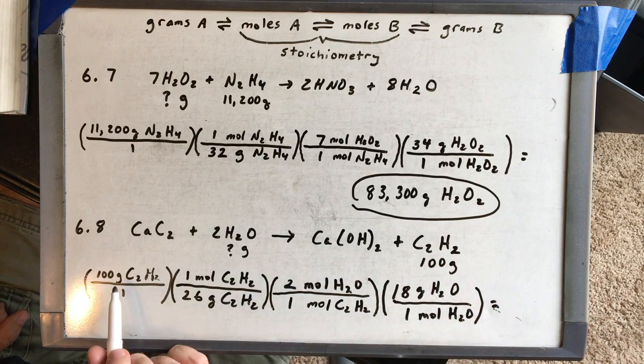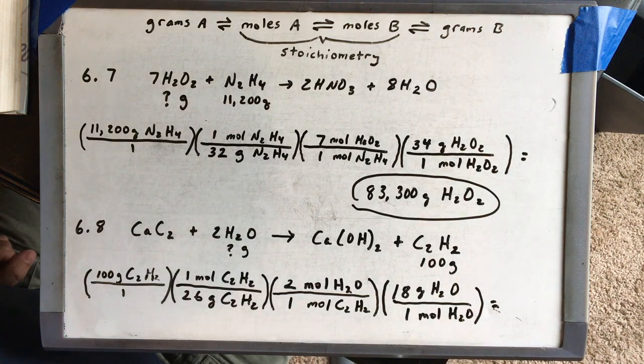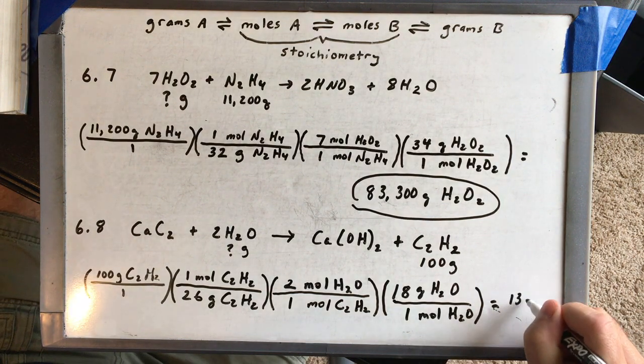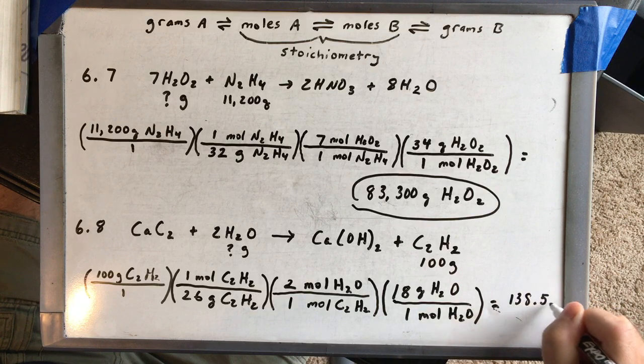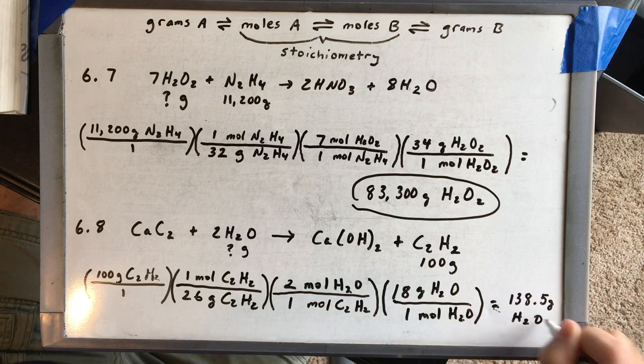All right, so 100 divided by 26 times 2 times 18. All right, that will give you 138.5 grams of H2O.